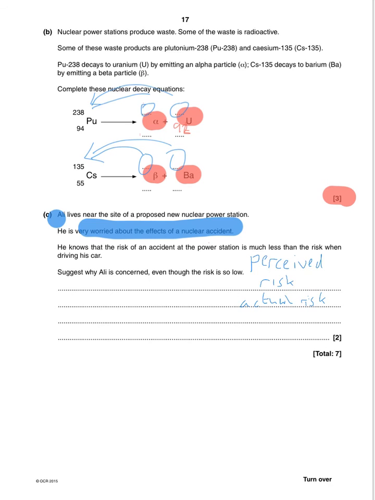And then the other thing you've probably got to think about when you're assessing risk is the consequences. So what's the consequence if there is a nuclear accident compared to the consequence if there's a car accident? And then maybe things like control of risk. You could even go with social things, like considering his area and the effects it might have on that.